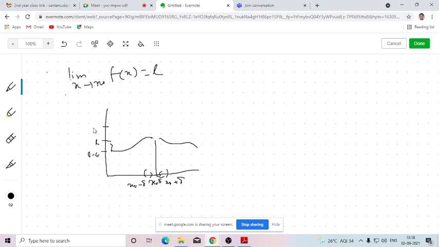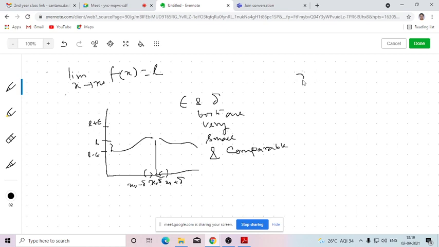The functional value lies in this range whenever we vary the independent variable from one end to the other. So if epsilon and delta are both very small and comparable, then we can say the limit exists and the limiting value is L, otherwise the limit doesn't exist.